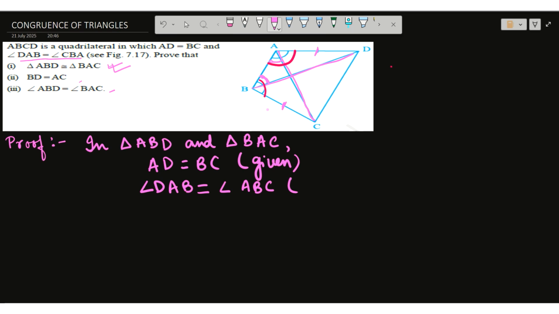Third, AB is common in both the triangles. We can see that side AB is common in both the triangles. So we'll write AB is equal to BA. The reason is common side.